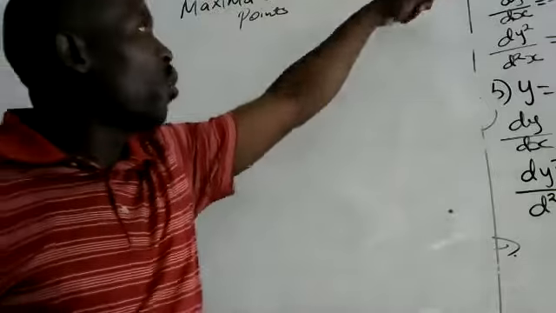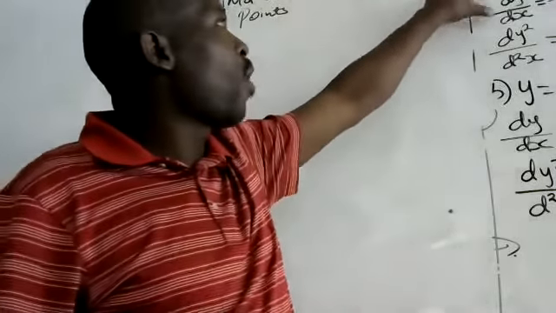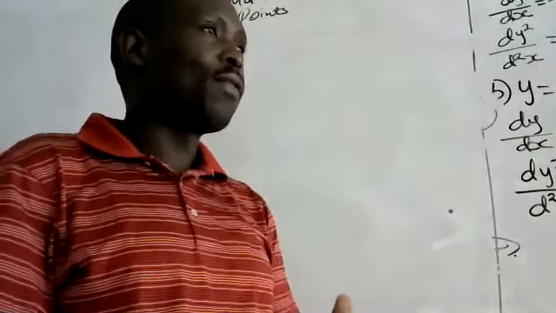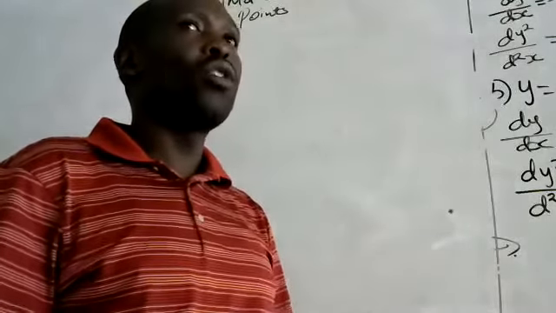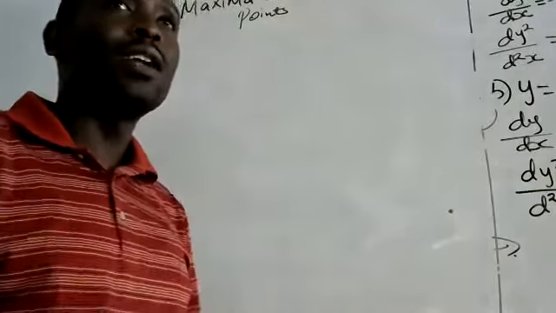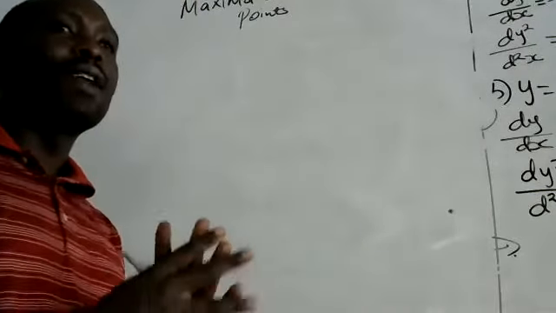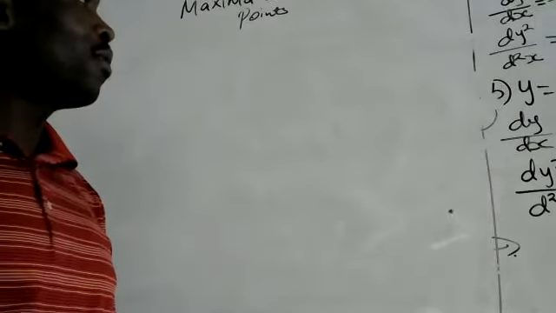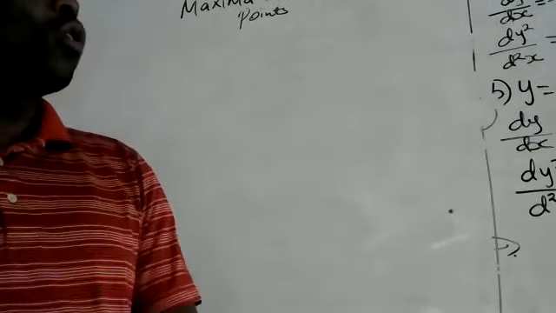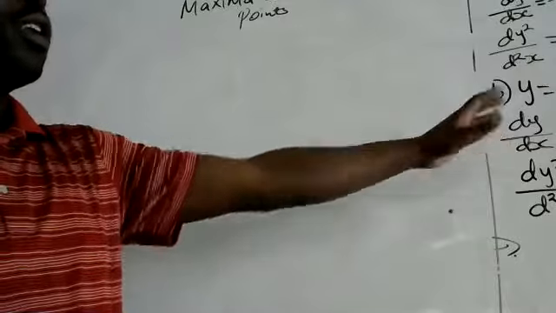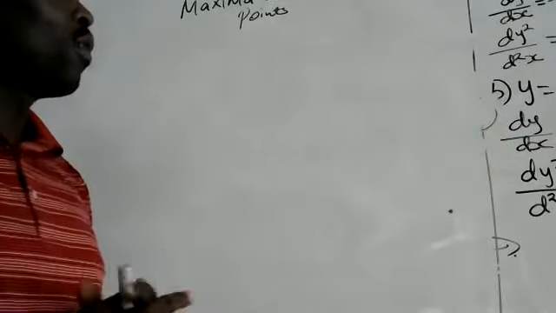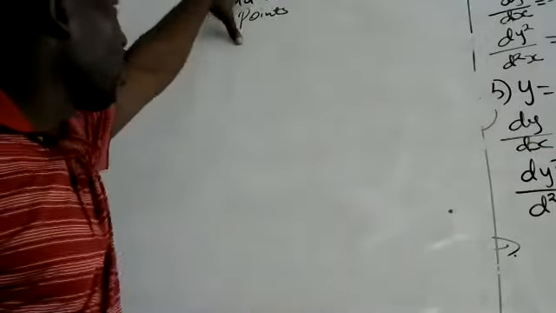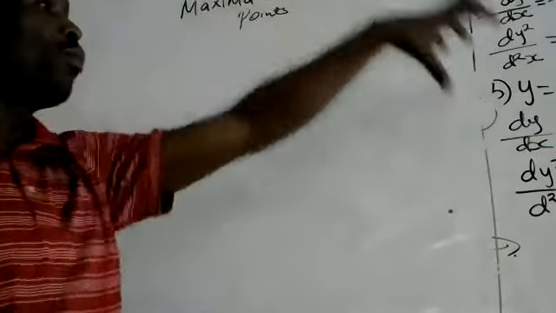And dy over dx is the gradient function, the function that we normally use to determine the gradient of the curve at any given point. If we want to know the gradient of the curve when x is 0, we just substitute 0 where we have x in the gradient function. That is what I wanted you to consume.